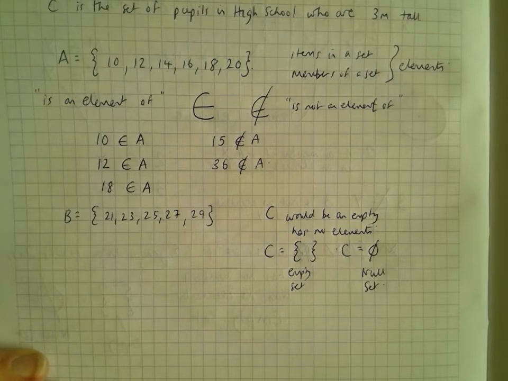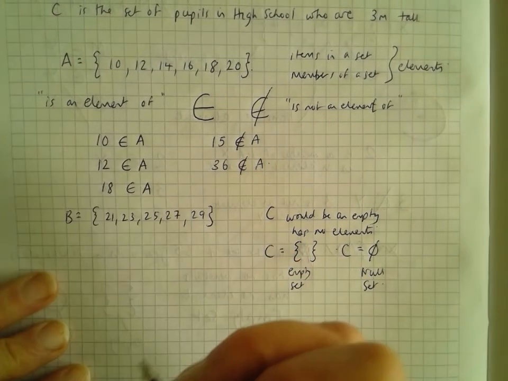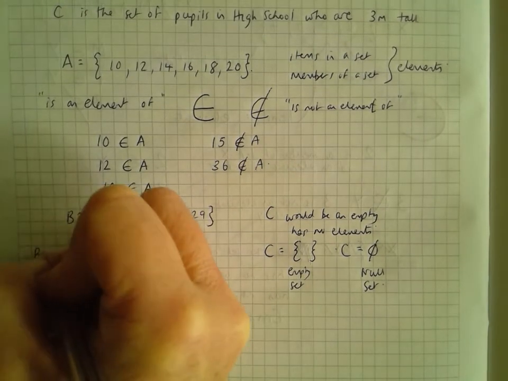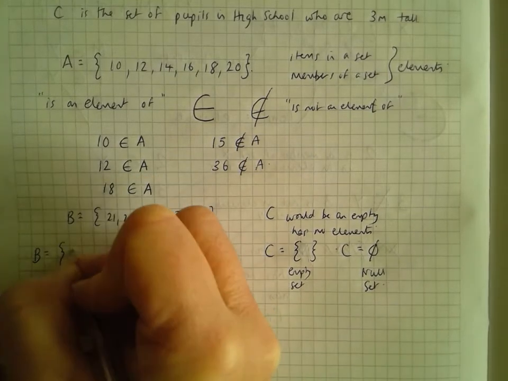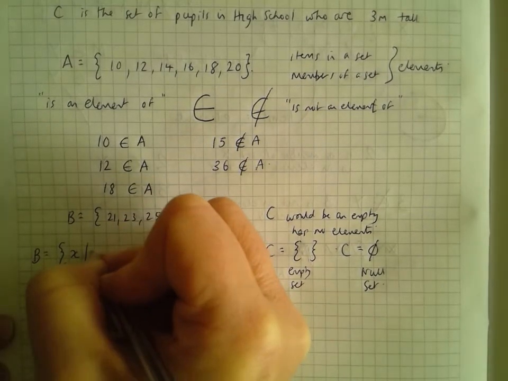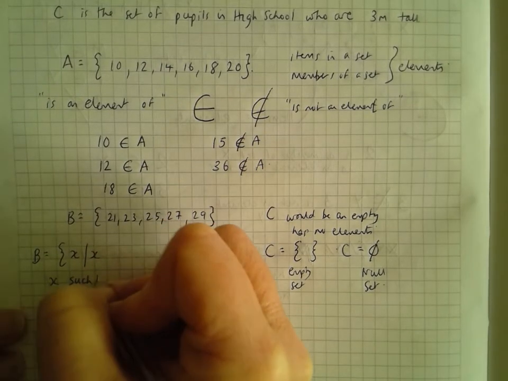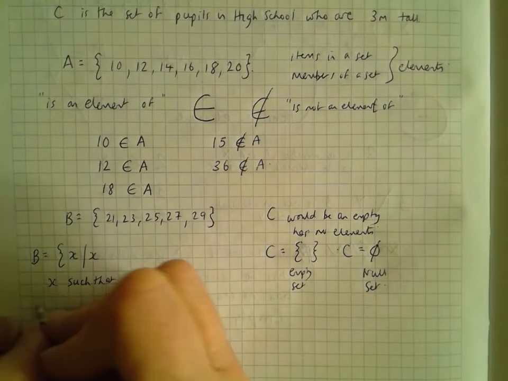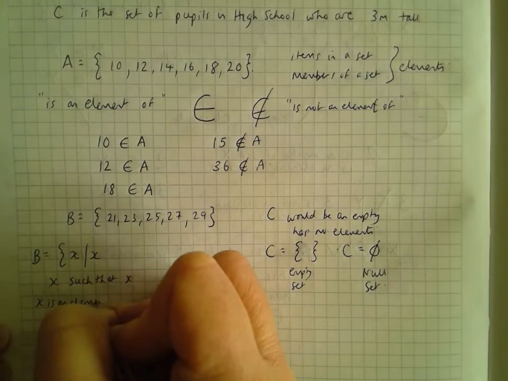Okay, how do we define these sets by rule? There's a special way of writing it. We would say B equals, and then I do brackets. Now this is the weird bit. I do X and a line and X. And in English, that would be "X such that X." In real English that we use every day, that would be X is an element of the set if.